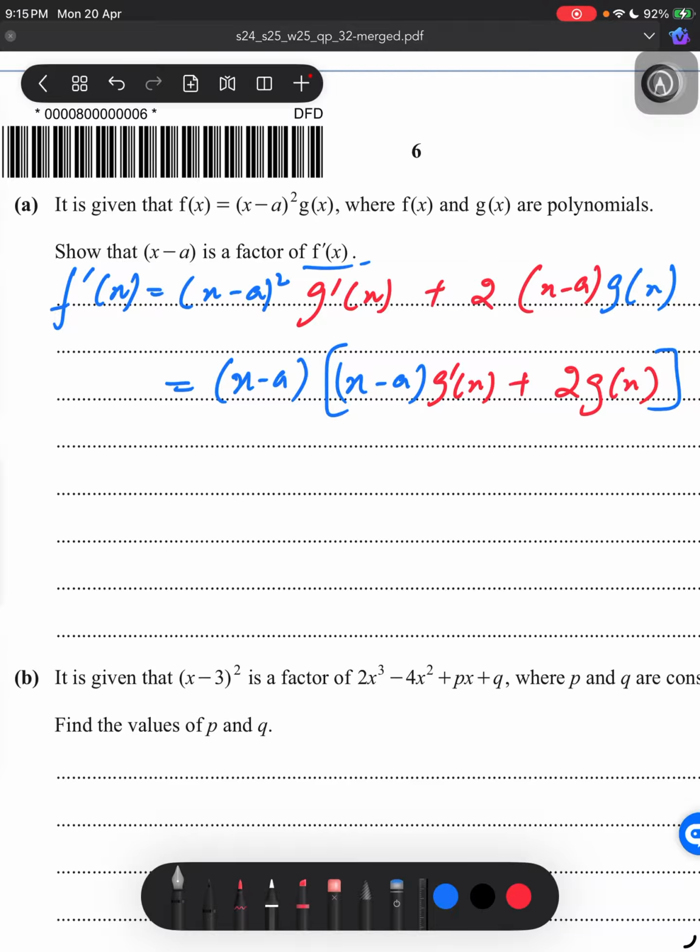So this would just be x minus a, and we know that this is just equal to f of x, or we can say that this value is x.